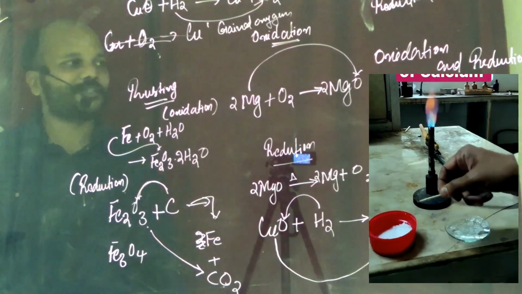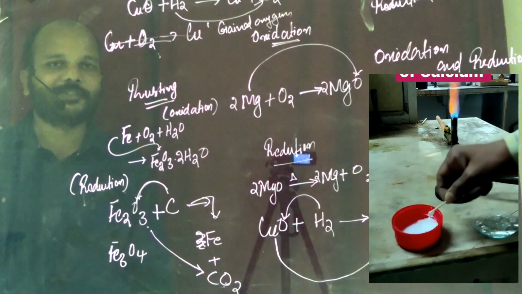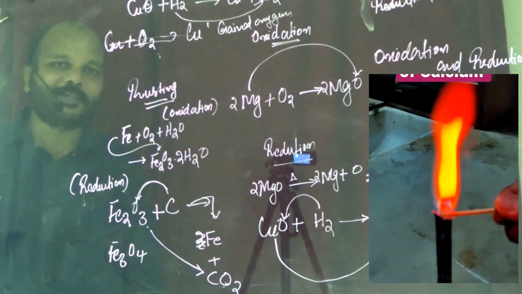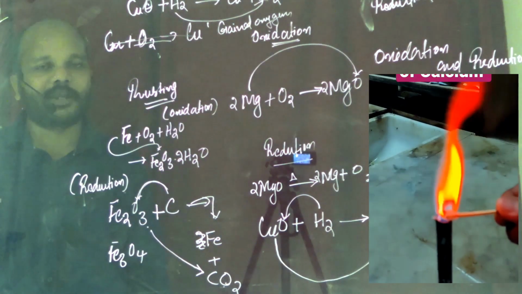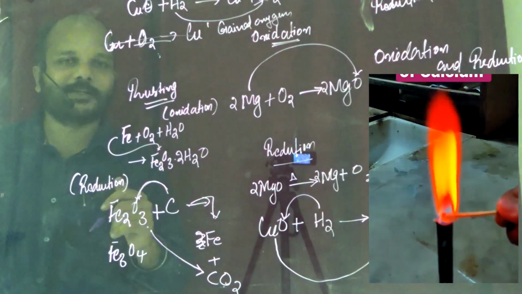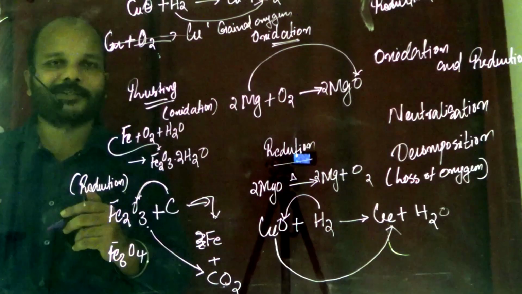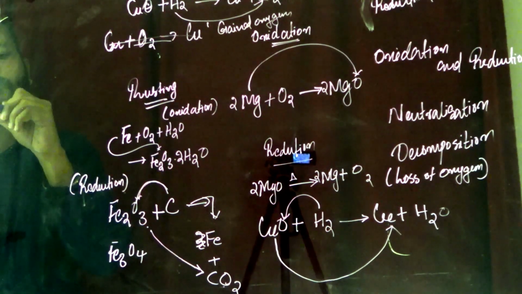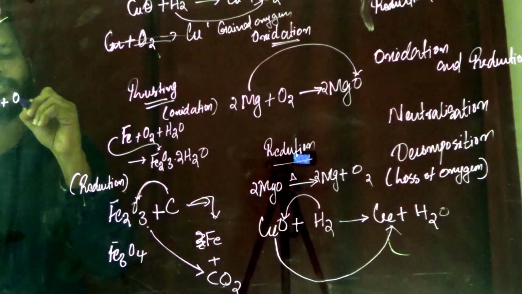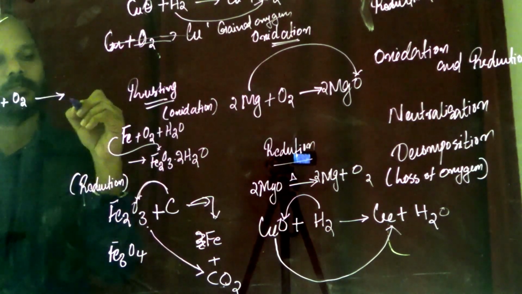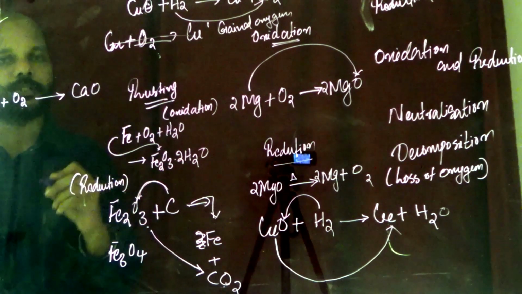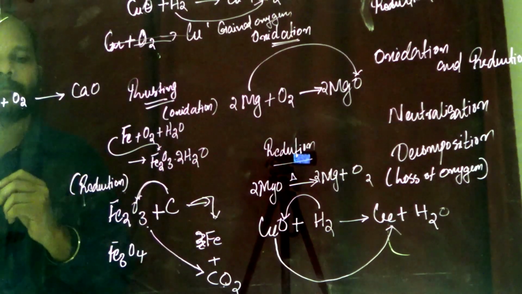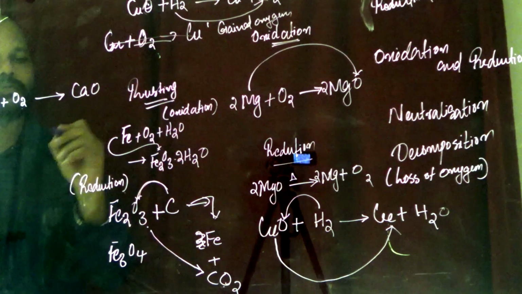Now let's see some more examples of redox reactions. The burning of calcium in oxygen: when calcium burns in the presence of oxygen, calcium oxide forms.